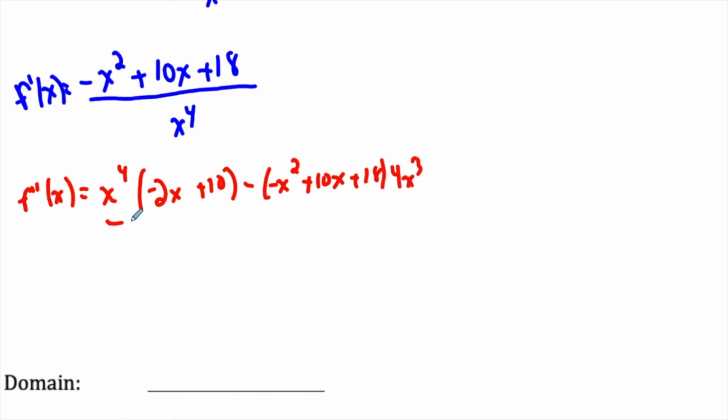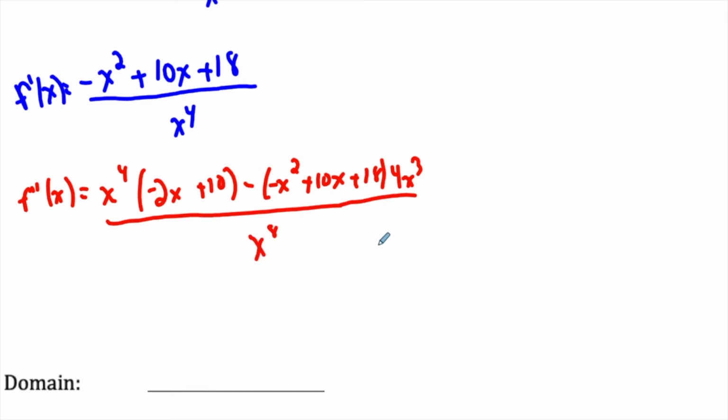And this is all over the denominator squared, which will give us x to the 8th. Oops. Where's my eraser? There we go. Okay, let's try that again. X to the 8th. There we go.